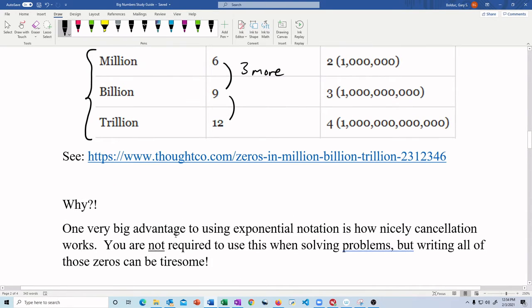All right, so why are we doing this? Well, one very important reason is that when we do calculations with these big numbers, we're often canceling things or just combining them. And when you have 9 zeros in one number, 12 zeros in another number, think about that.